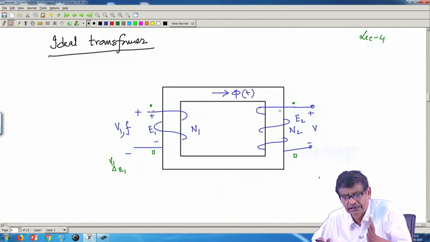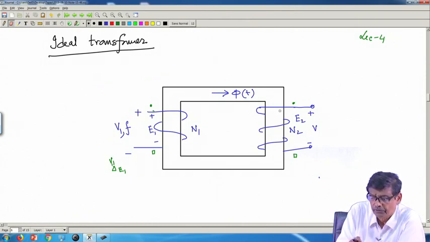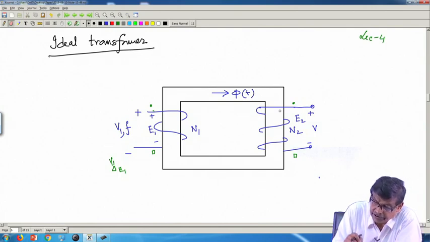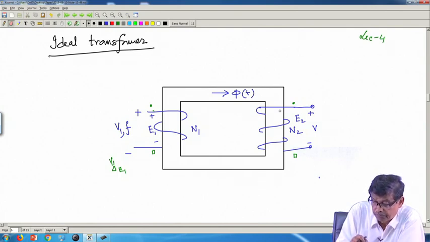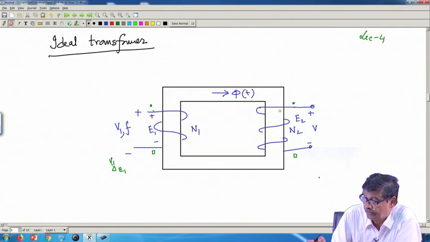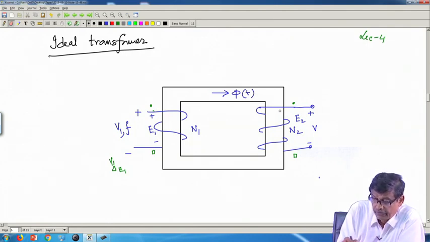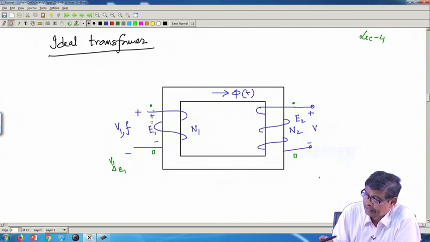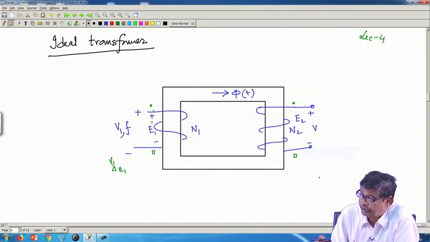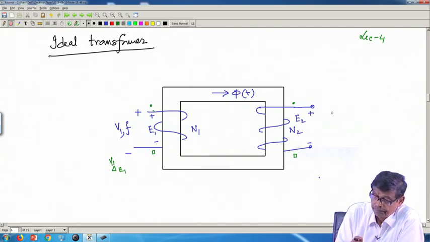Apply a given voltage at a frequency, RMS voltage of the induced voltage and its polarity with respect to this plus minus, all things are now drawn, polarities, instantaneous polarity plus minus. Then the secondary instantaneous polarity is also this one, and V 1 and E 1 will be same, there is nothing in between.